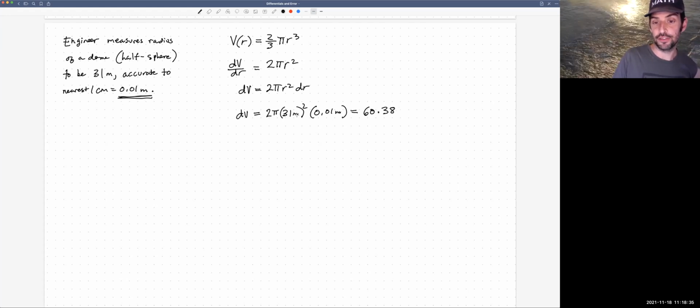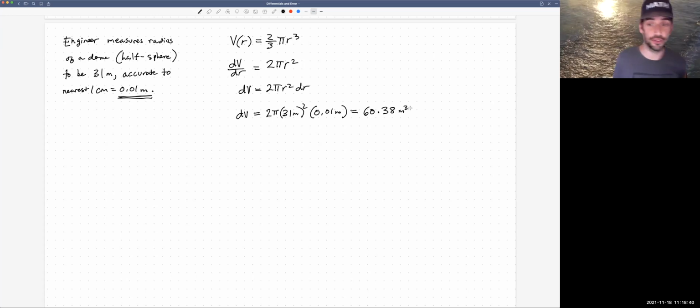Notice we have meters squared times meters, so we have meters cubed, which is good. This is the error in volume, so it should have units of volume.